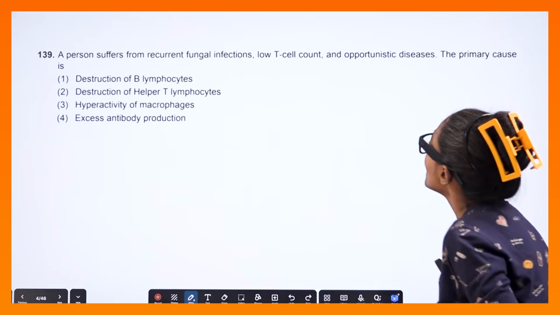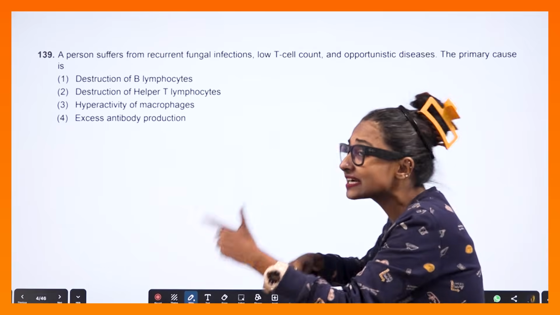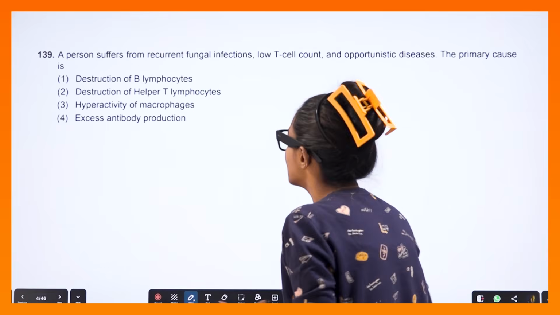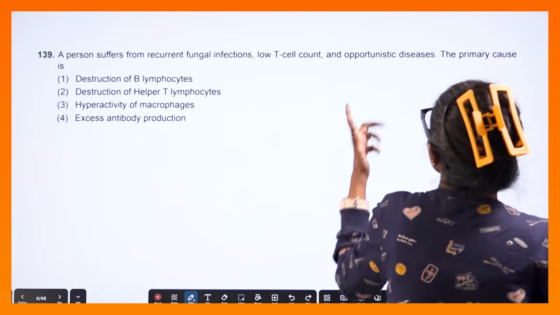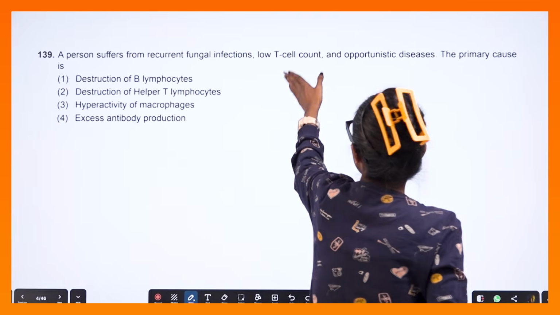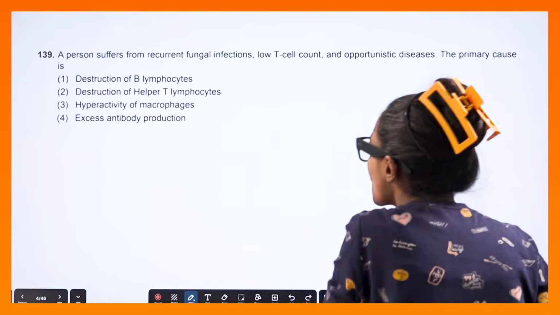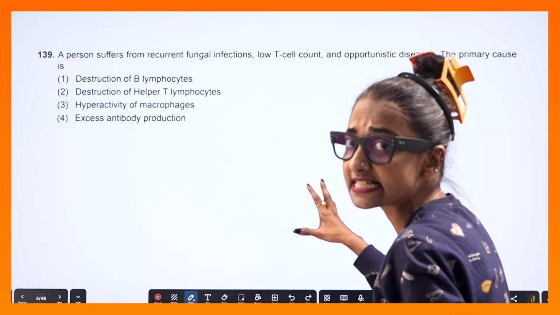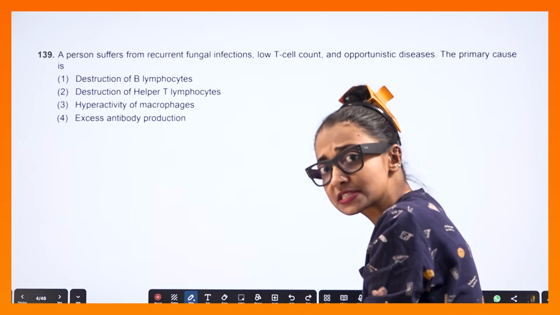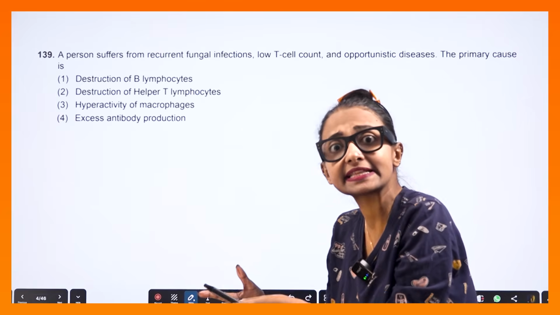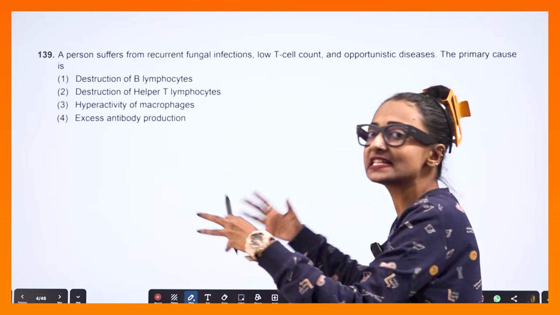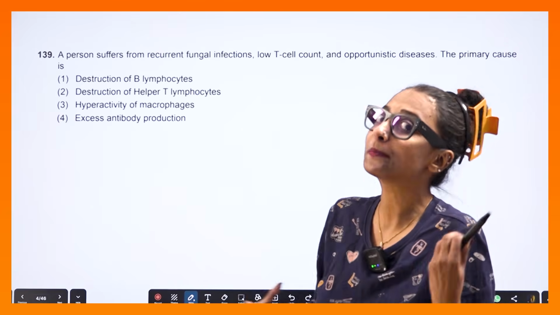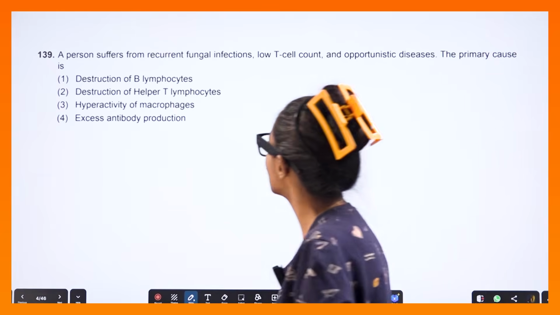Let's move on. A person suffers from recurrent, means one after the other, it keeps coming back, fungal infection that results in low T cell count and opportunistic diseases. When the T cell count goes down, the immunity gets compromised, other opportunistic pathogens will come and attack, right?